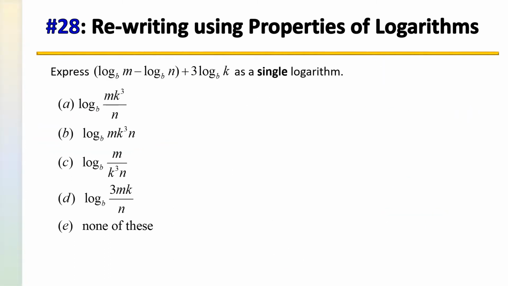In this example, we're asked to express this log as a single log. So this time we're going to do the reverse. We want to write it as one single log instead of an expanded form of a log.